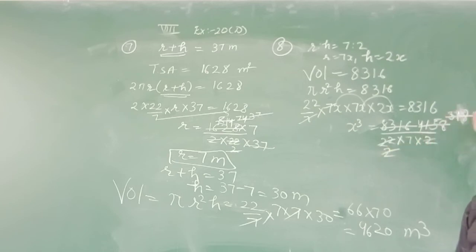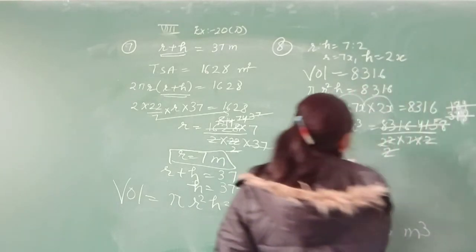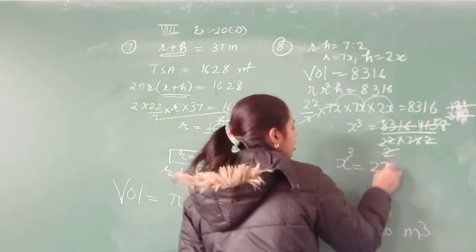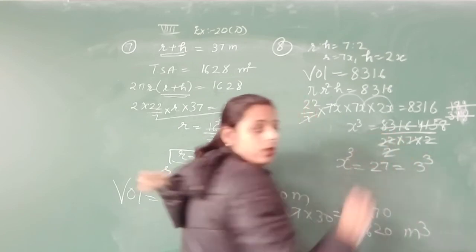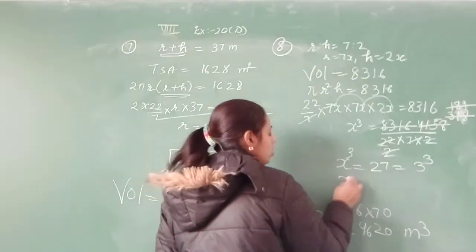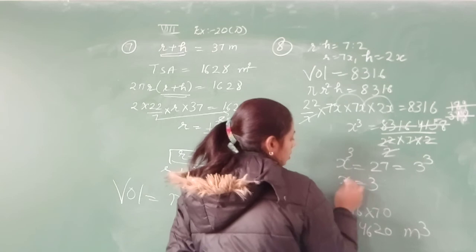It will be cancelled by the 2, and it will be cancelled by the 7. So you will get x cube is equal to 27, and 27 is the cube of 3. So you will get the value of x as 3.